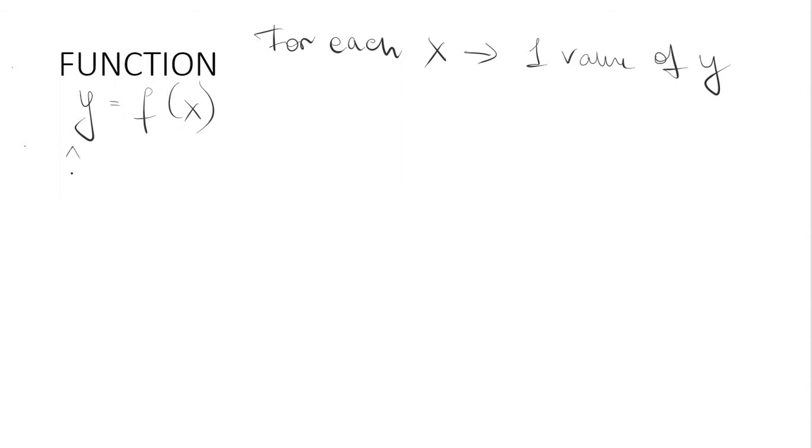So if we analyze the following graph, then we can see that this graph describes a function, because for each value of x, there is exactly one corresponding value of y.